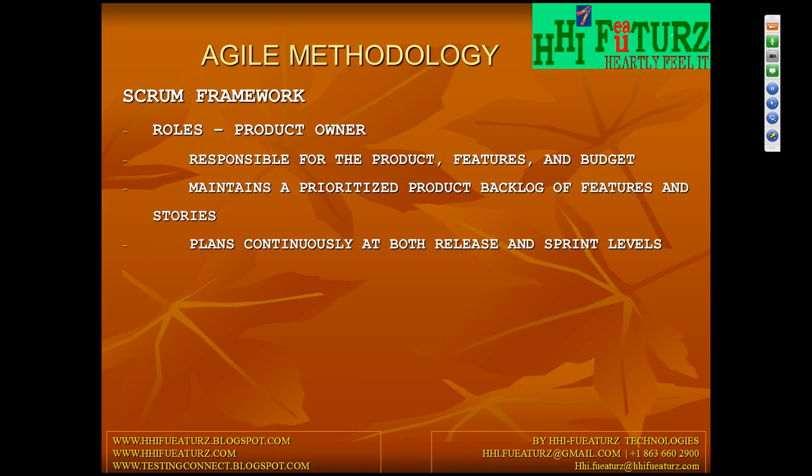That is how you plan in agile methodology, okay. Before starting the sprint, you come up with a plan. Again, in the middle, if required, all team members sit together, meet and plan. That is nothing but planning continuously at both release and sprint levels.